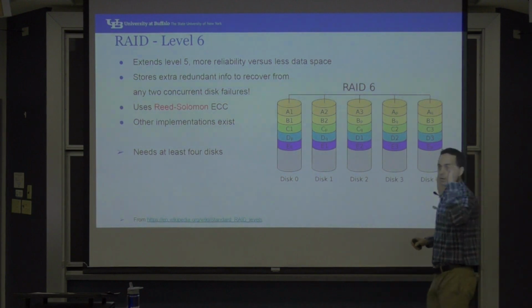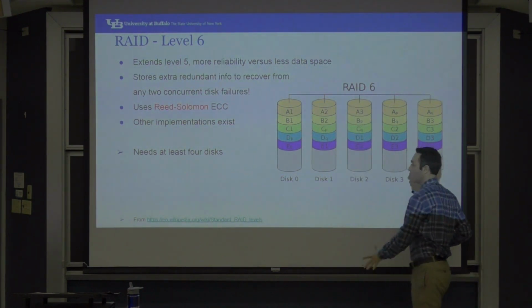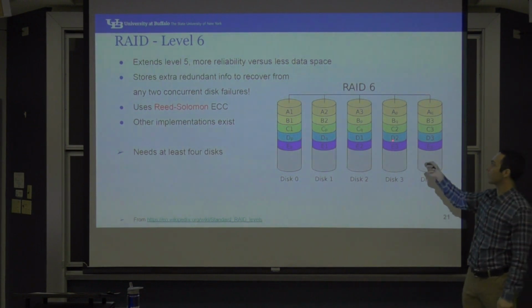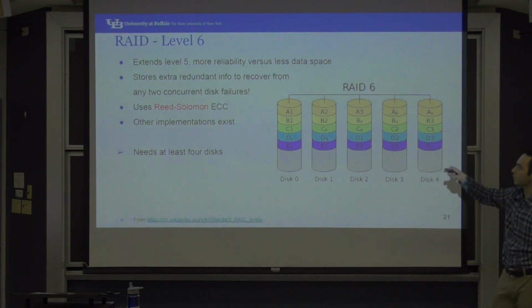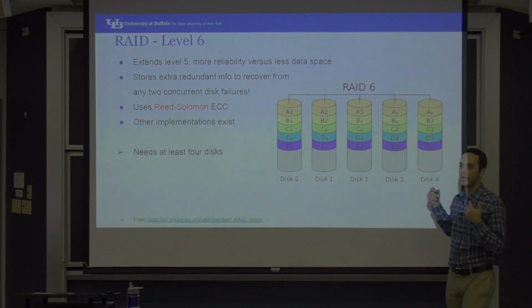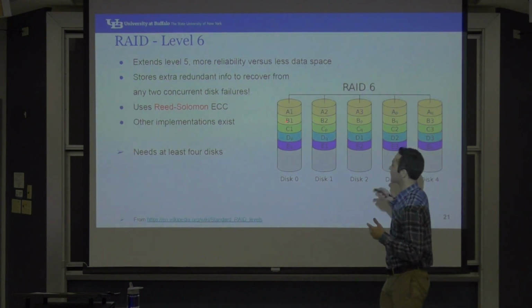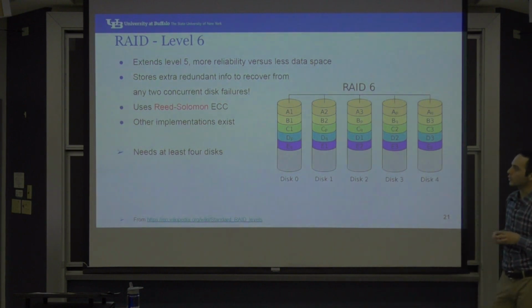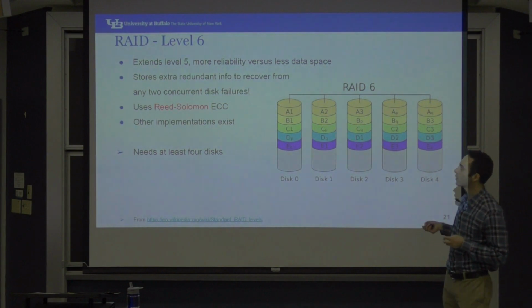So if you lose these 2, you still won't lose any data. Using the Reed-Solomon error correction codes and whatever you've stored, you can still recover your data, whichever 2 disks they are. Okay? The RAID 6 specification doesn't actually specify Reed-Solomon, but it's the common choice.